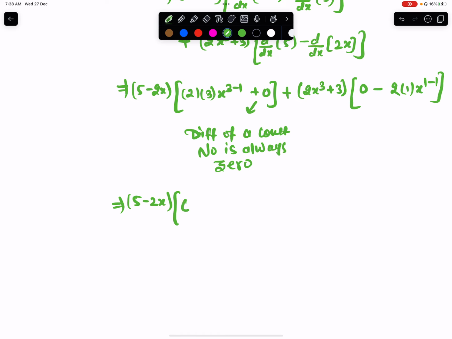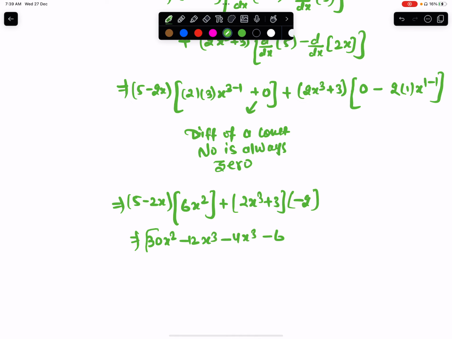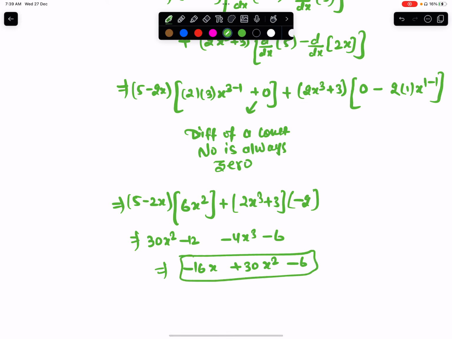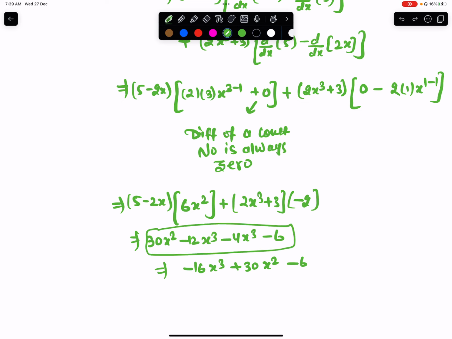So this is (5 - 2x)(6x square) plus (2x cube + 3)(-2), which gives 30x square - 12x cube - 4x cube - 6. So this is our answer: -16x cube + 30x square - 6. This is our final answer.